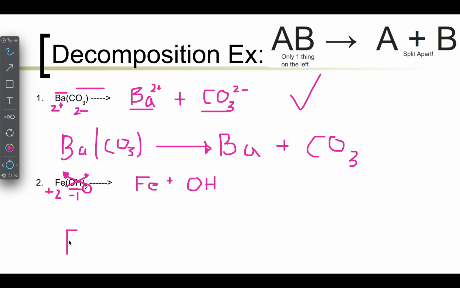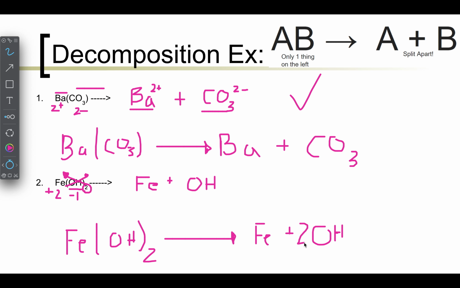So we have Fe(OH)2, iron hydroxide, on one side, and we have iron, Fe, and OH over here. On this side, we do have 2 OHs, right? So that means that the 2 needs to go right here, and we just have 1 iron on both sides. Balancing these equations should be pretty easy. So this is all balanced and good to go.